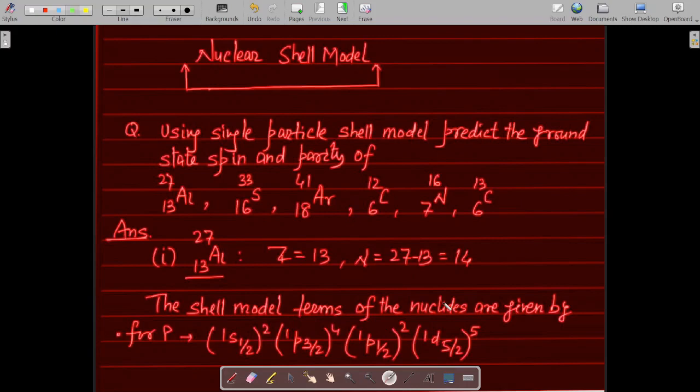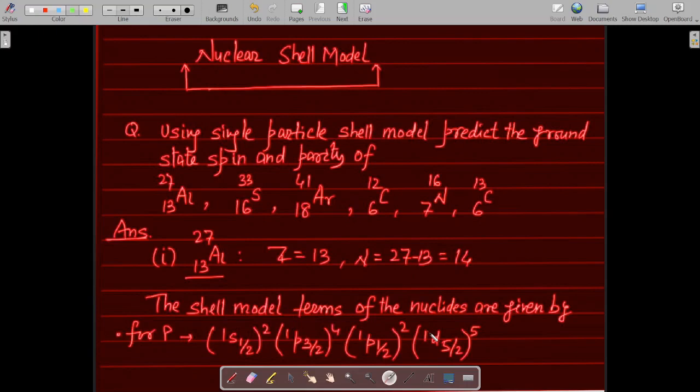In some books the coefficient in front of the spectroscopic symbol, all these 1, 1, 1, 1, are coefficients before the spectroscopic symbol. S, P, D, F are spectroscopic symbols, and all these ones are coefficients in front of the spectroscopic symbol.